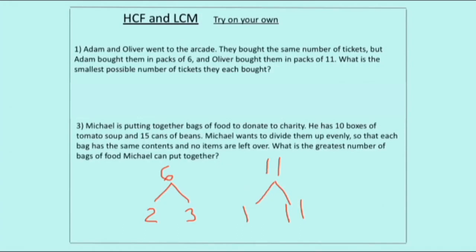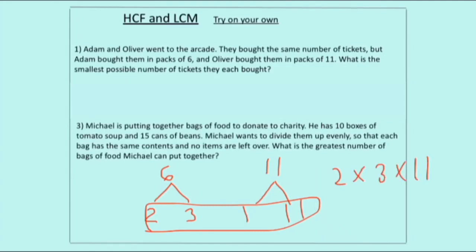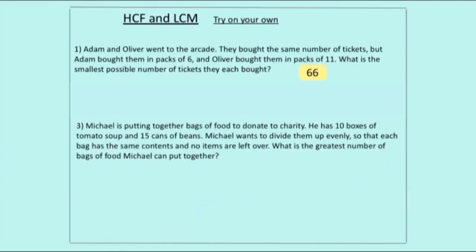Well, there is nothing there to share, so therefore we just have to multiply everything we have over here to get the LCM. So that means 2 into 3 into 11. I'm not going to include 1 because it's going to be the same thing. 2 into 3 is 6 and 6 into 11 is 66. Therefore, the smallest possible number of tickets they each bought is 66. And yes, the first answer is 66, just like how we did the working.